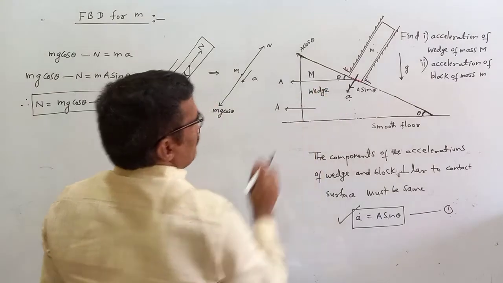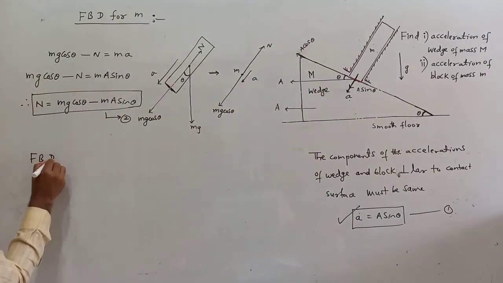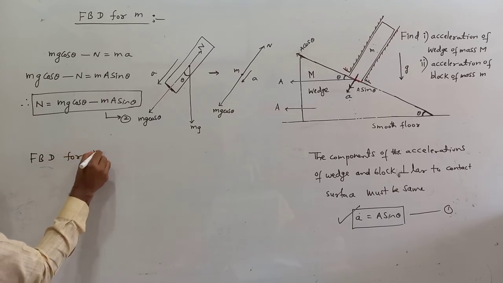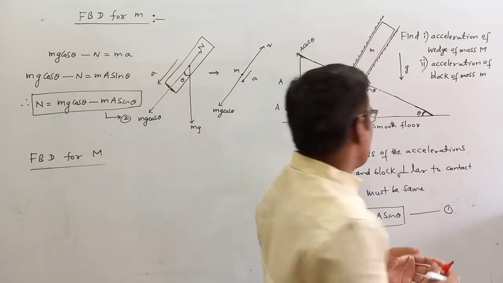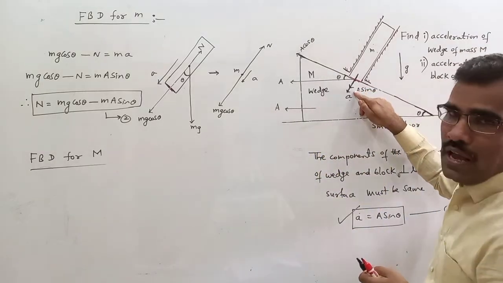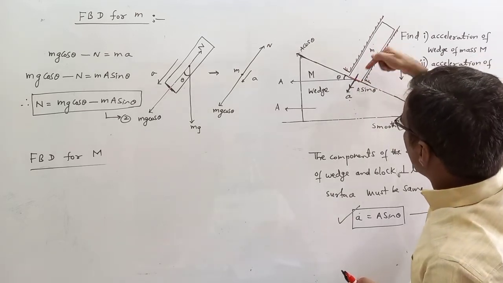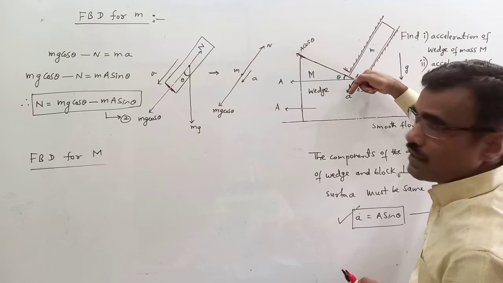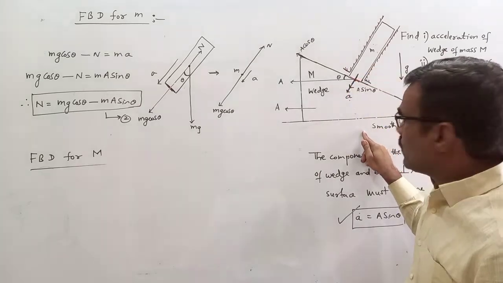Then the FBD of capital M. Why does capital M move? Because of only the normal reaction acting at this point. Normal reaction on small m acts this side, normal reaction on capital M acts this side. It is a smooth surface, there is no friction.